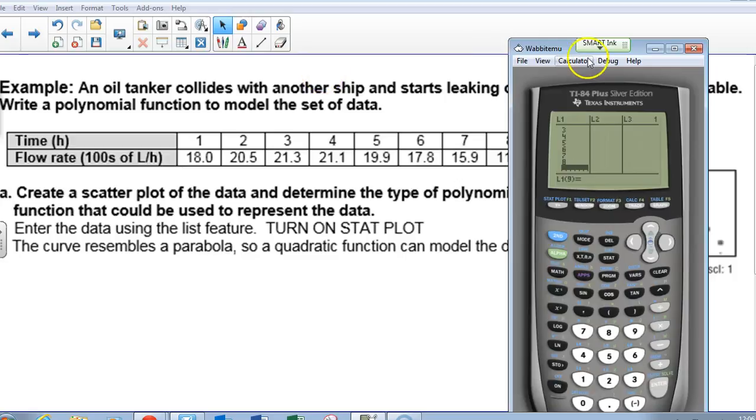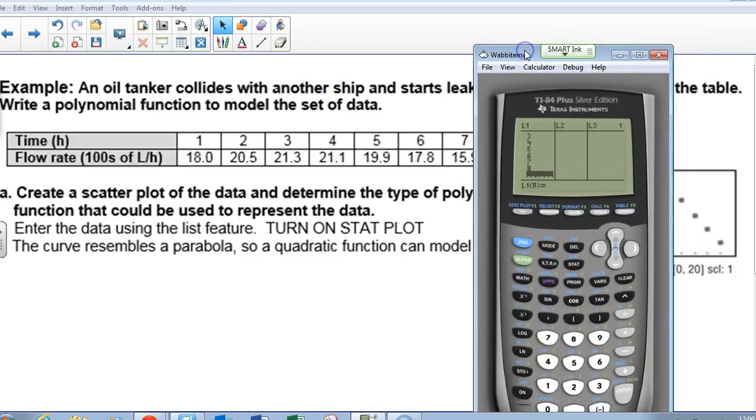How far out does it go, guys? 10? Anybody missing a list 1 or list 2?